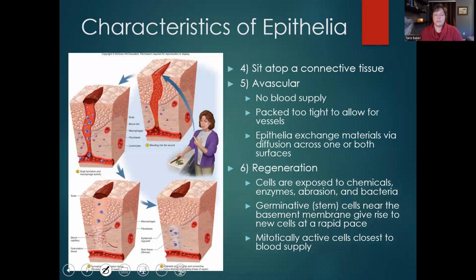Epithelia are sitting on top of that basement membrane, which is connective tissue. Those sheets are avascular. This is a new word maybe for some of you, but avascular means that it does not have a blood supply directly. This is really important because the cells on your skin don't have blood flow to them directly.